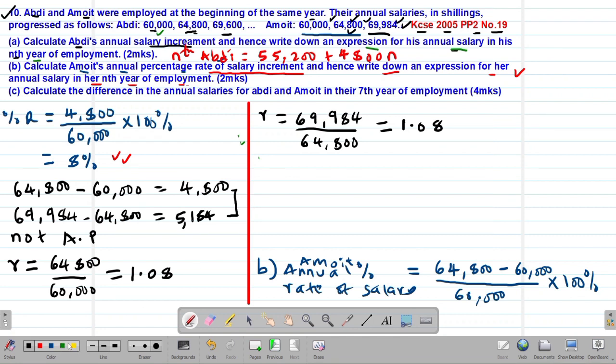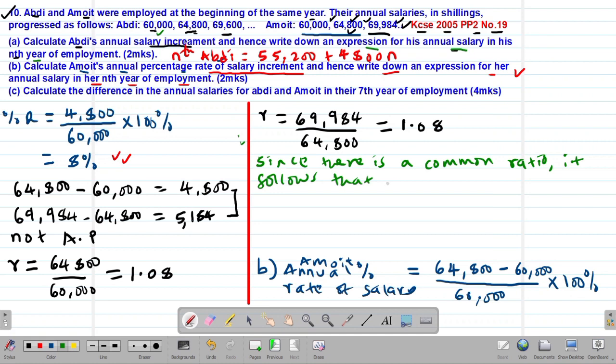Therefore, since there is a common ratio, it follows that Amoit's salary represents a geometric progression.